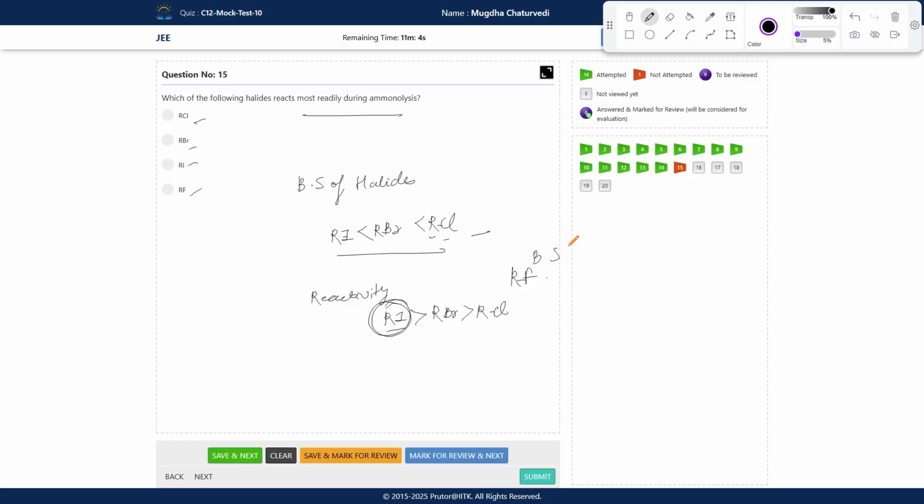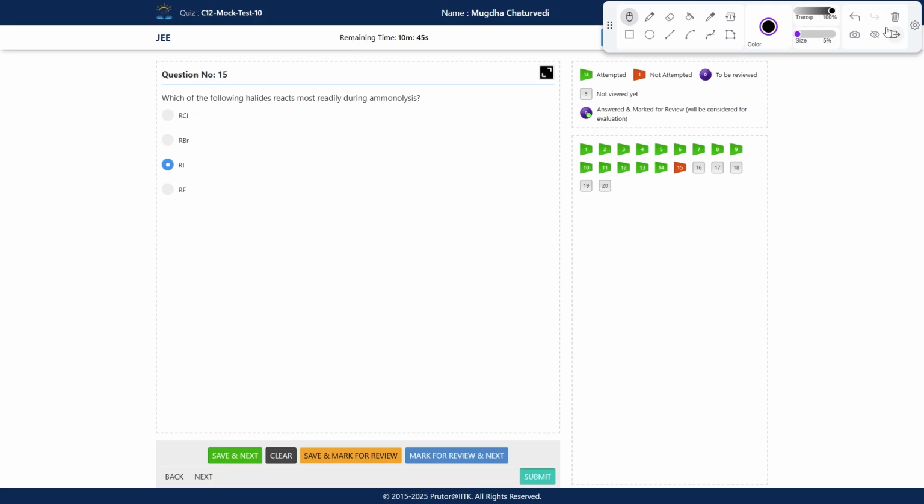So the right answer for this question, which reacts more readily, will be RI. So the right answer will be option number C. Okay, now let us move on to the next question.